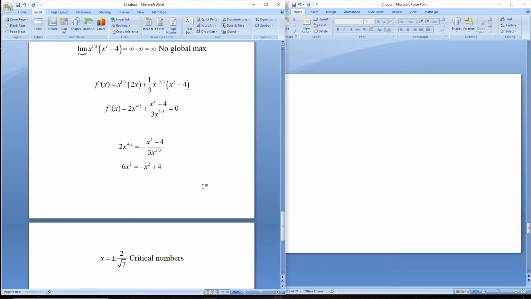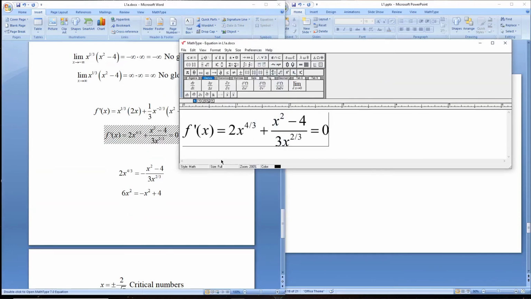So now we have to go to our derivative. And now you need to ask yourself, is there a number that causes this to fail? And the answer is yes. It's right here. If x is 0, you'll have division by 0.